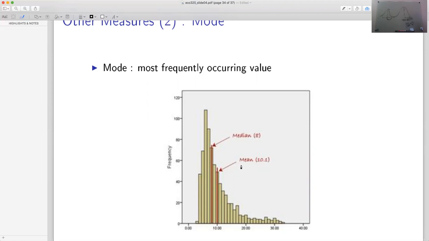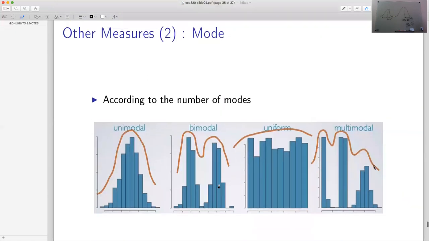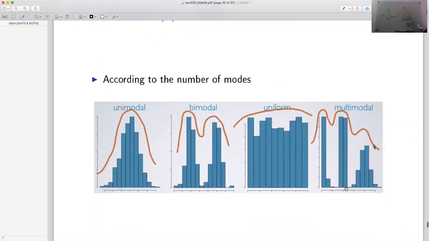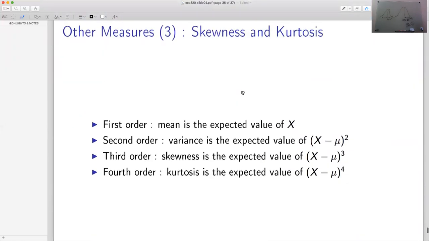Most of the time you will focus on mean and median, but sometimes mode is also very important. These are some examples like unimodal, bimodal, uniform, and multimodal. I will go over bimodal, for example, later, but for now you just need to know what modes are. You can skip this chapter.